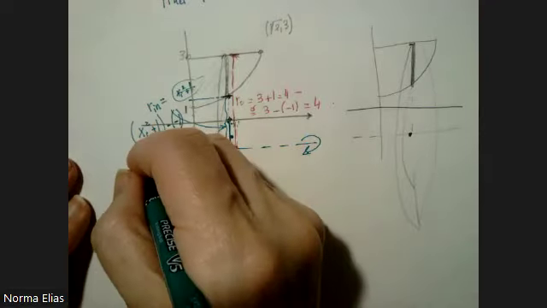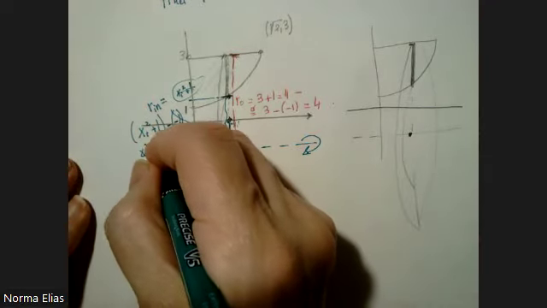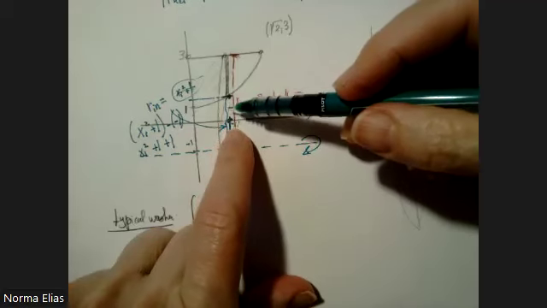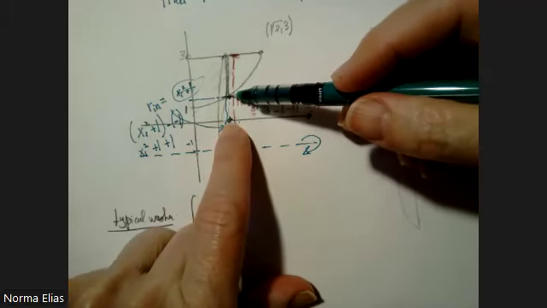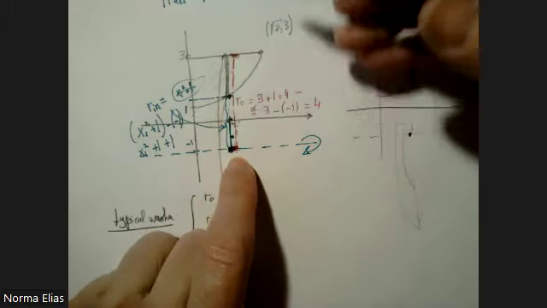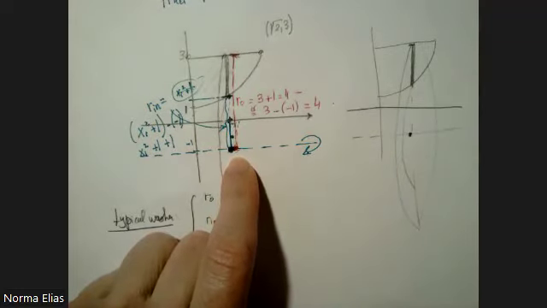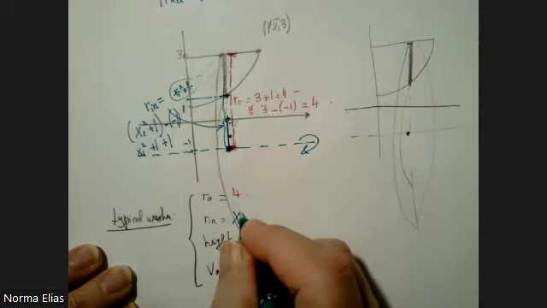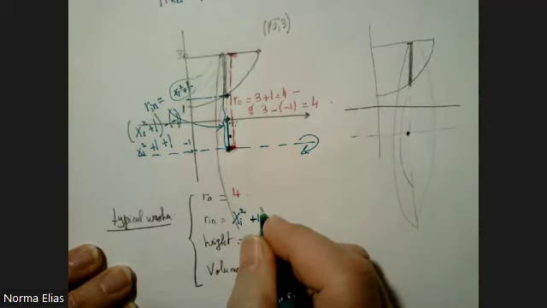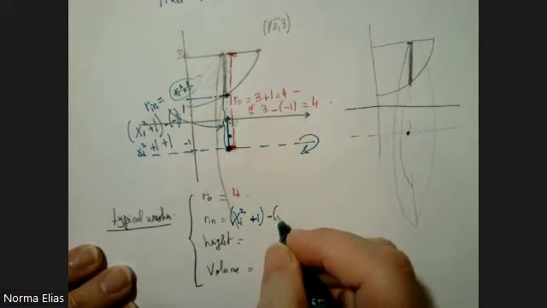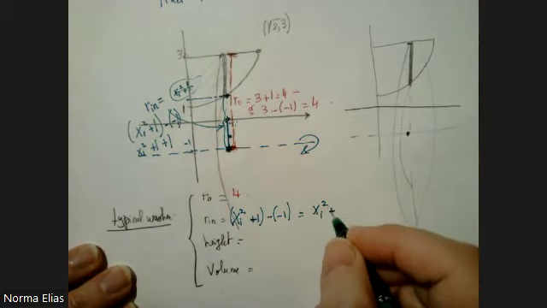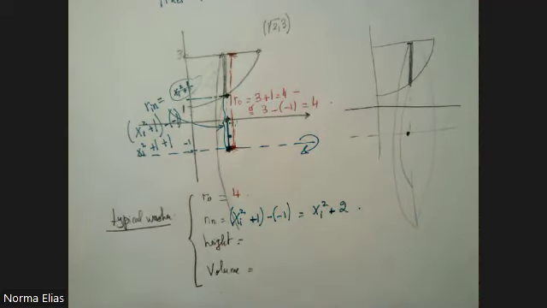It means it's going to be xi squared plus 1 plus 1. It means the vertical distance from the axis of rotation to the curve, but you're adding 1 because you are basically increasing this radius. So it's going to be xi squared plus 1 plus 1. It means xi squared plus 2. So that's the inner radius.